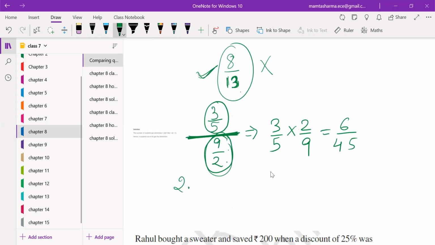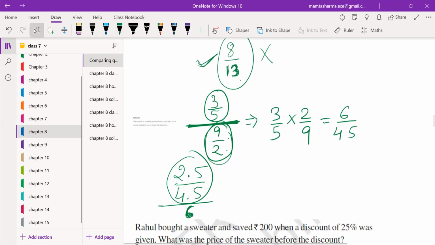The other one is 2.5 is to 4.5 is to 6. Now see, assume this is one quantity. If nothing is there, we can consider there is a 1 in the denominator of 6.